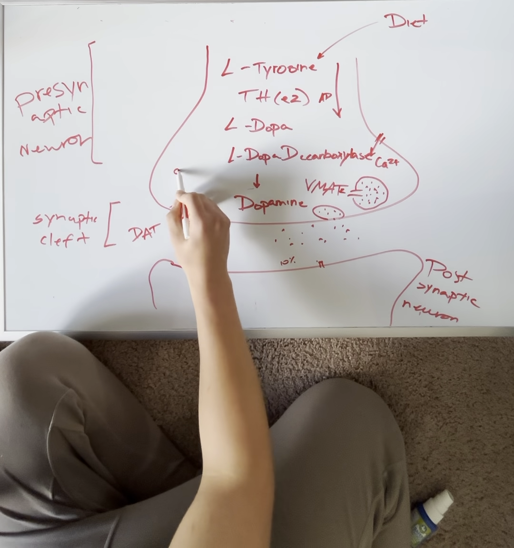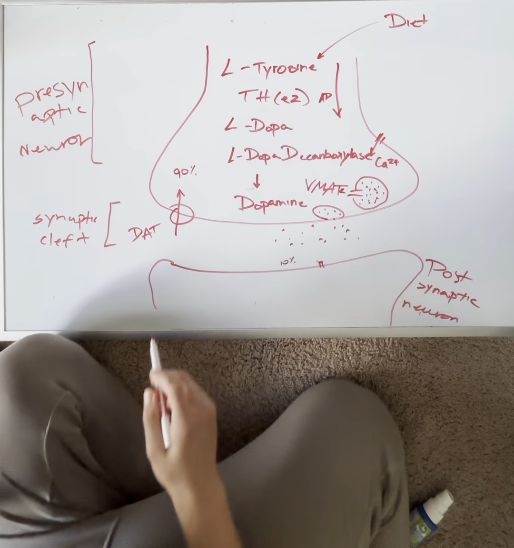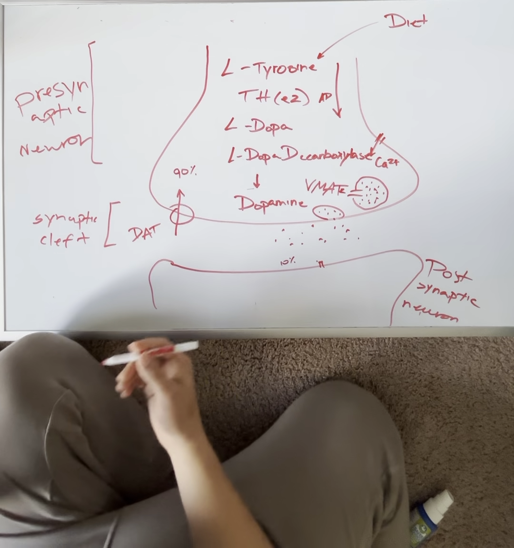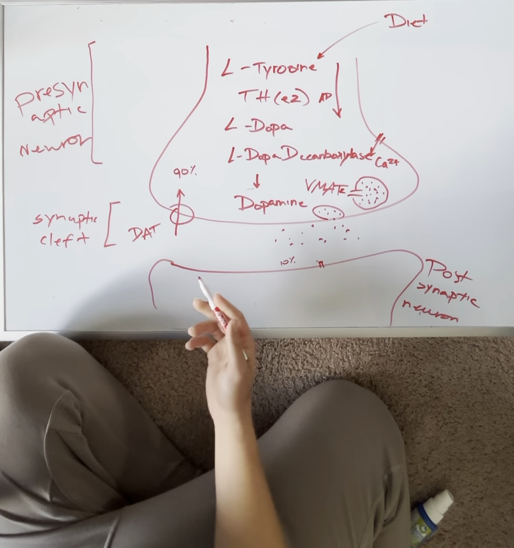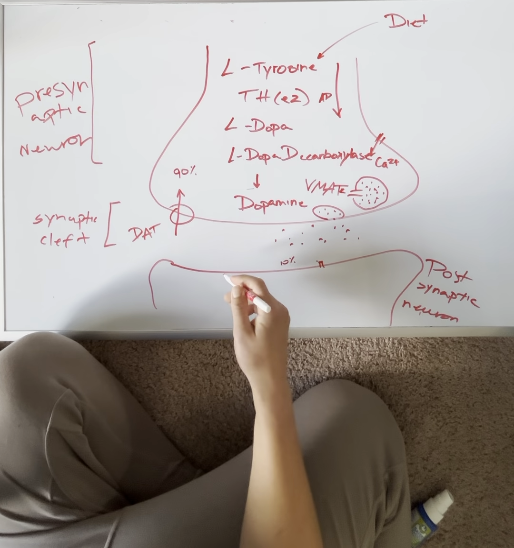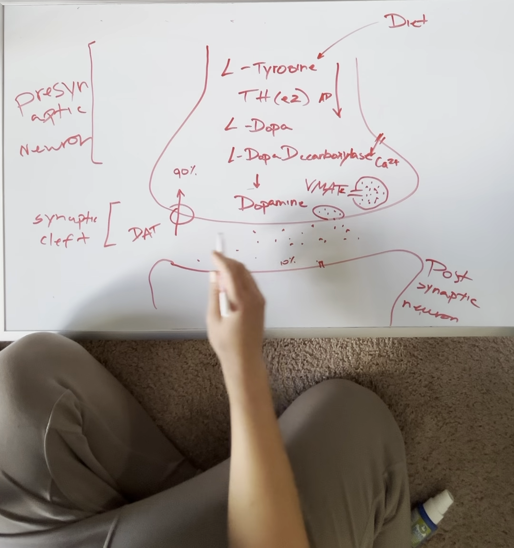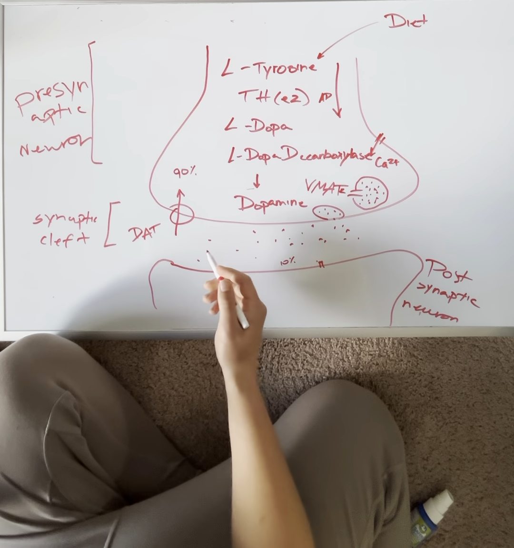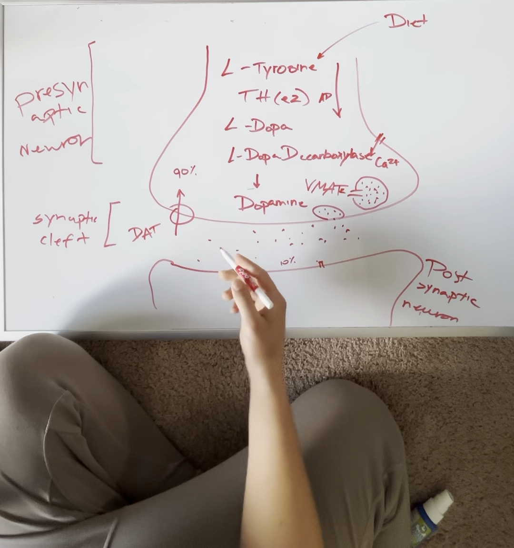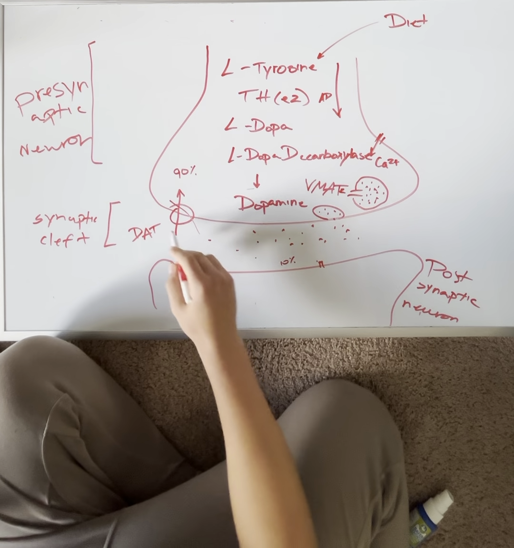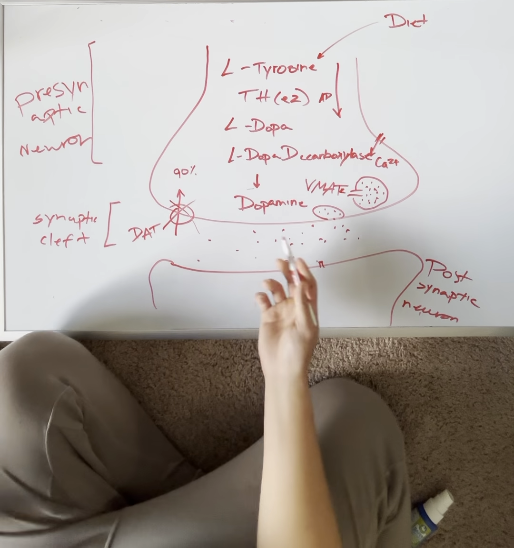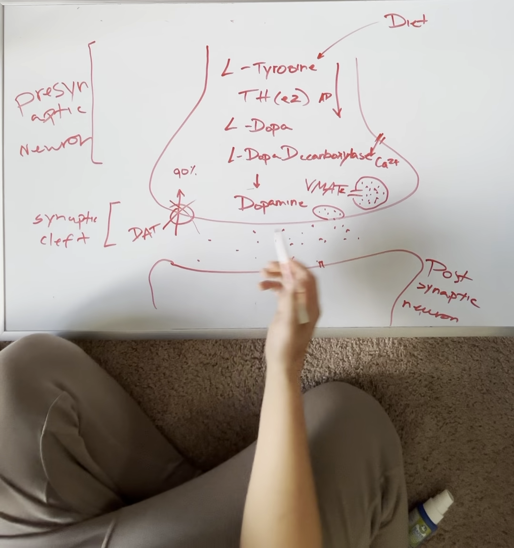So 90% of the dopamine is getting taken back in. So what do we do if we want to increase the amount of dopamine in the synaptic cleft? We can simply administer a dopamine reuptake inhibitor, which blocks this. This is actually how they treat ADHD.